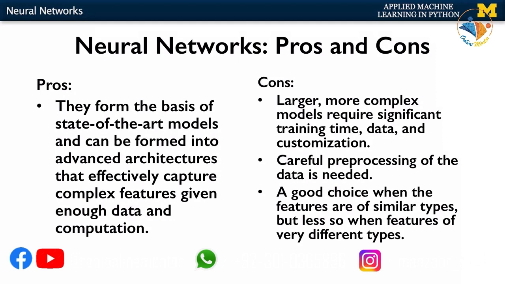These larger and more complex models typically require significant volumes of data, computation, and training time to learn. In addition, careful preprocessing of the input data is needed to help ensure fast, stable, meaningful solutions to finding the optimal set of weights. In general, neural networks are a good choice when the features are of similar types, for example, all derived from the pixels of an image, and less of a good choice when the features are of very different types.